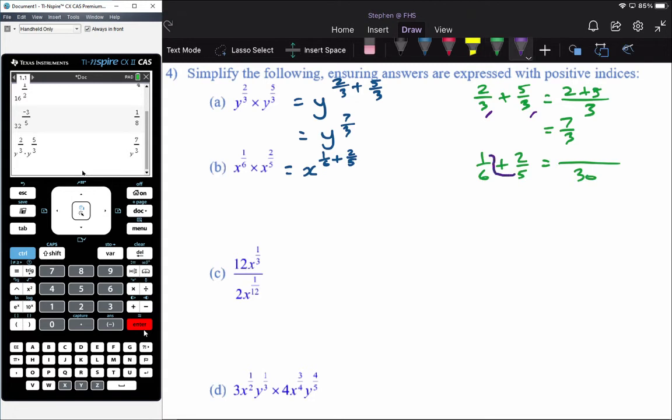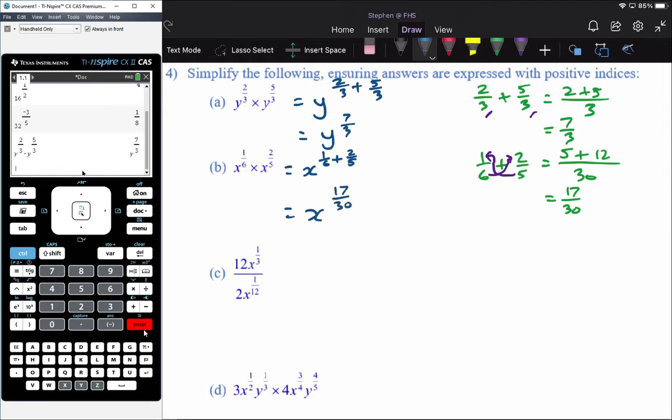So that 5 is going to multiply by the 1, and that 6 is going to multiply by the 2. So we get 1 times 5 is 5, plus 6 times 2 is 12, so we end up with a fraction of 17 over 30. So the answer to this is x to the power of 17 over 30.